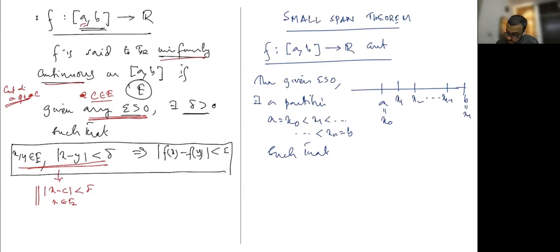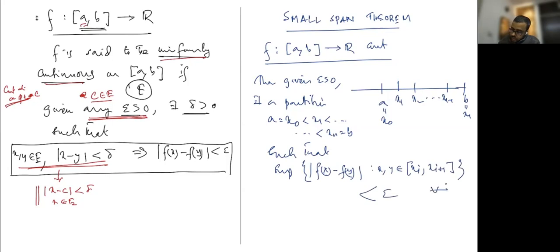So this is less than epsilon for each subinterval. This was the small span theorem.